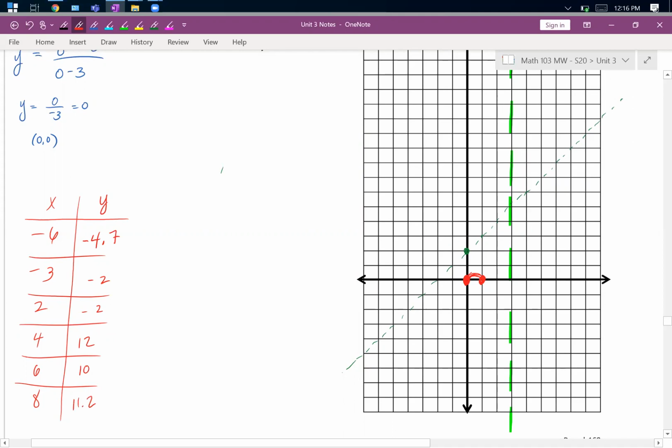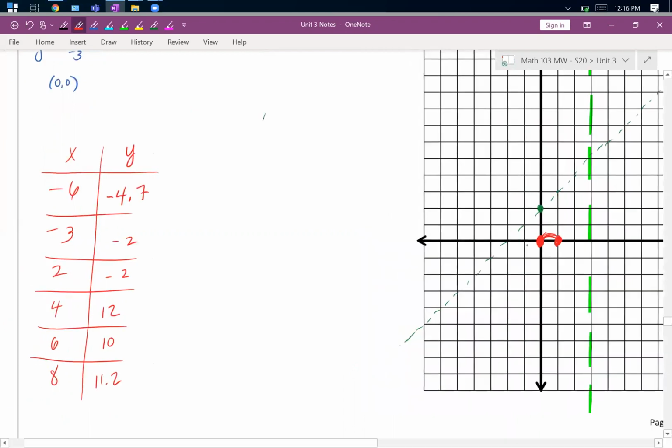All right, so let's plot them. So there's my first region there. And I'm going to connect my dots, and the ends have to tend towards the asymptotes. So there's our first part.